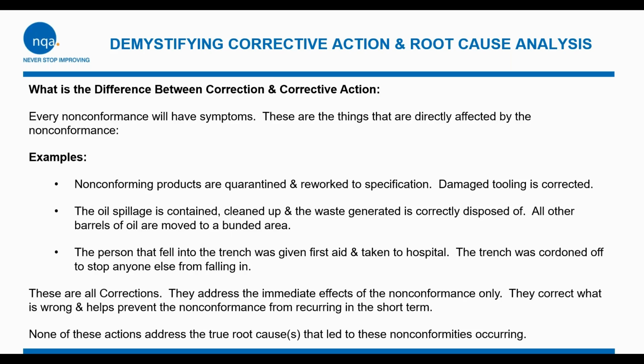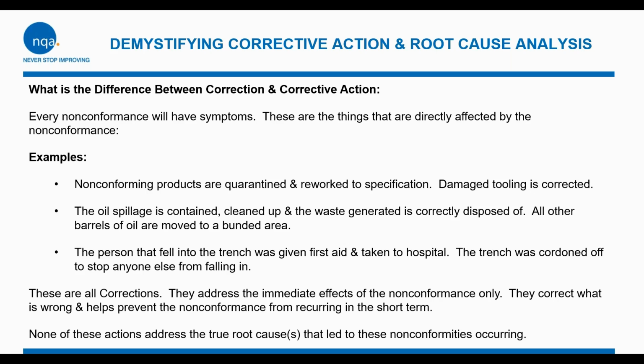So one of the common issues that people have when it comes to corrective action is the difference between correction and corrective action. Every non-conformance will have symptoms. These are the things that are directly affected by the non-conformance, and here's 3 examples. The first one is from a quality standpoint.